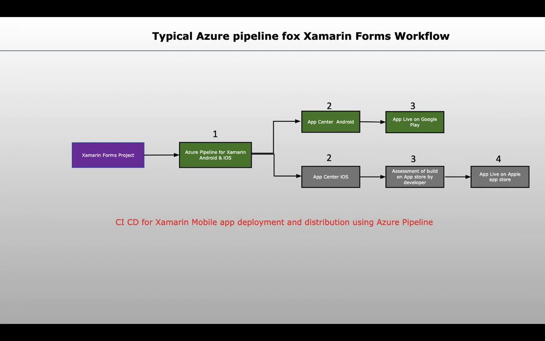Now if you notice in this block diagram, there are almost 3 steps for your Android and 4 steps for your iOS, and you do not need to worry about where the key file is, or where your build is generated, and then manipulate it.